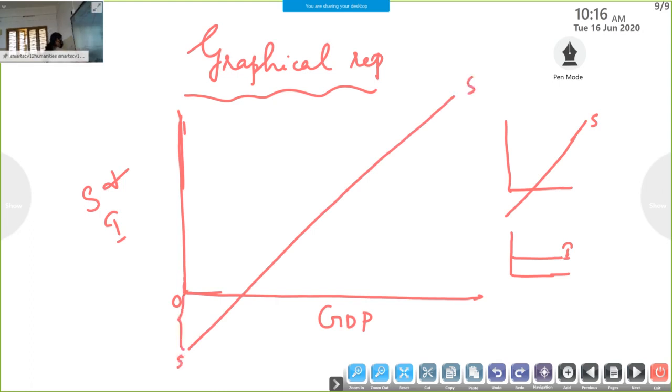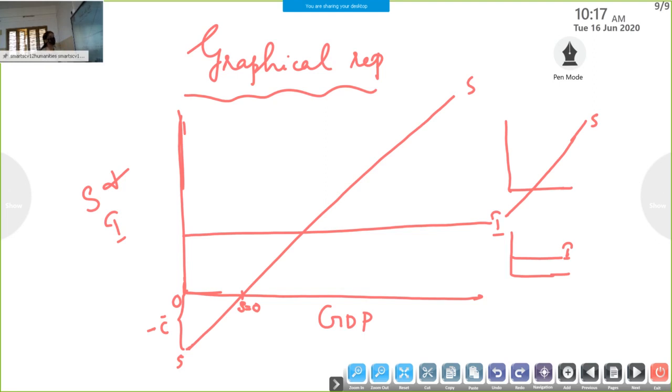Here you should mention minus C dash, autonomous saving. Here we can take the break even point or saving is equal to 0. You can write break even point or S is equal to 0. Then take the investment curve. Okay. This is the diagrammatic representation.